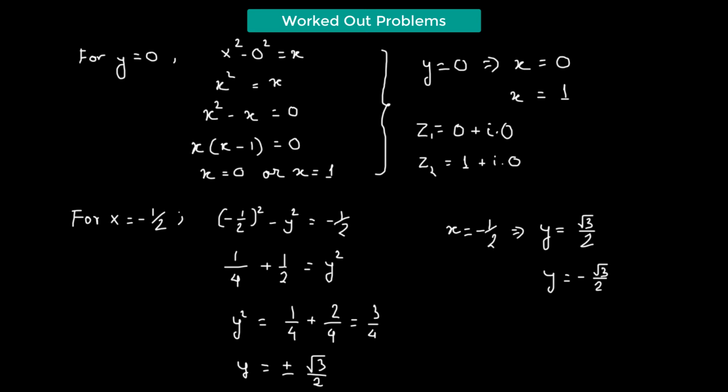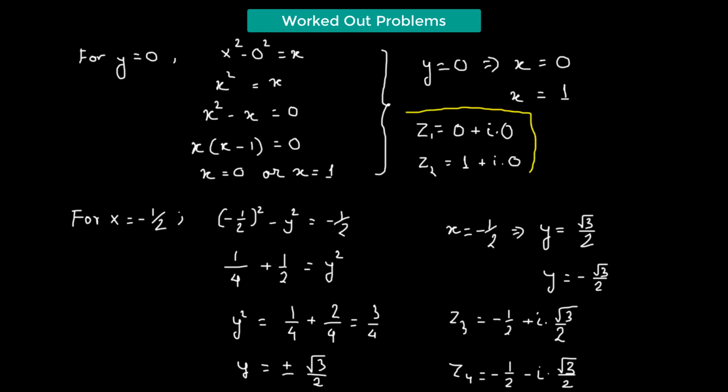So we have the third complex number, which will be negative half plus i times root 3 over 2, and the fourth one will be negative half minus i times root 3 over 2. So these are the four complex numbers. These are the first two and the remaining two.